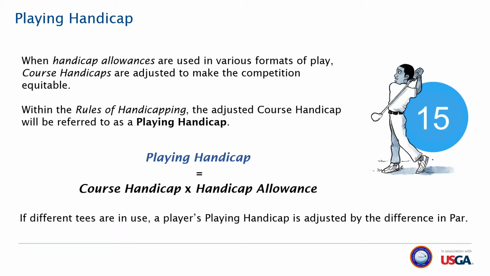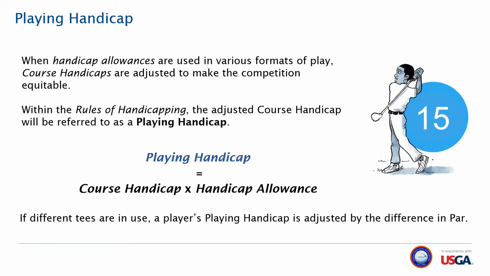So, playing handicap. When handicap allowances are used in various formats of play, course handicaps are adjusted to make the competition equitable. Within the rules of handicapping, the adjusted course handicap is referred to as a playing handicap, and that calculation is course handicap times handicap allowance. If different tees are in use, a player's playing handicap is adjusted by the difference in par.